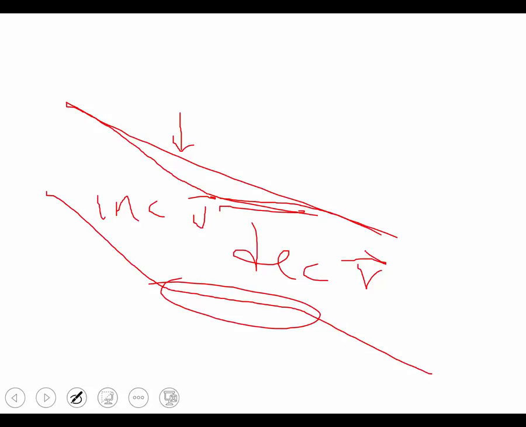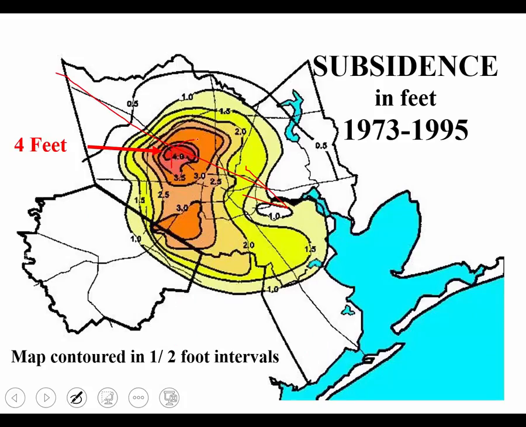So what we're doing is we are creating a situation on this side of the subsidence bowl. We are causing a back tilting of the river and causing it to slow down and flood more.